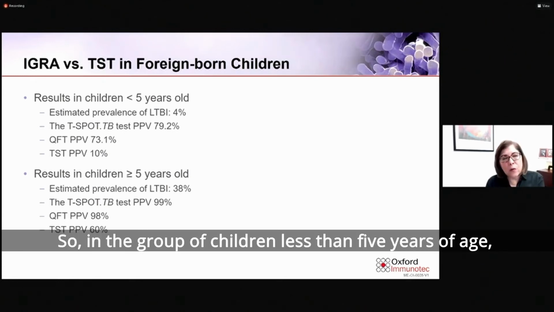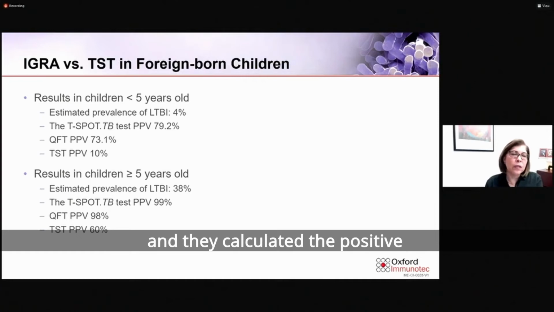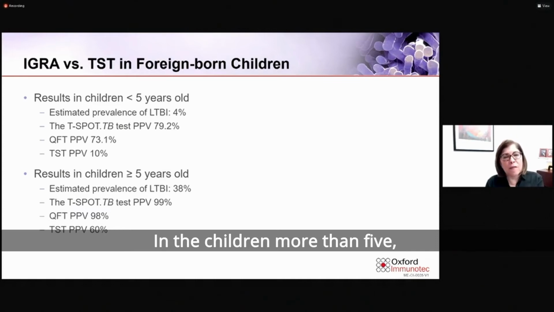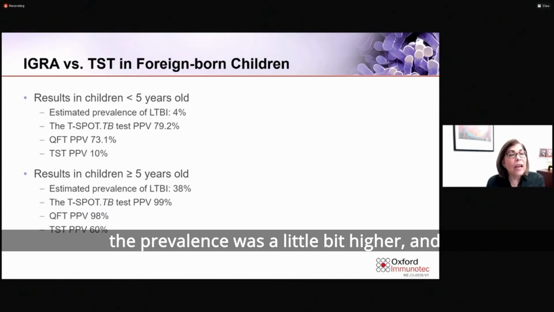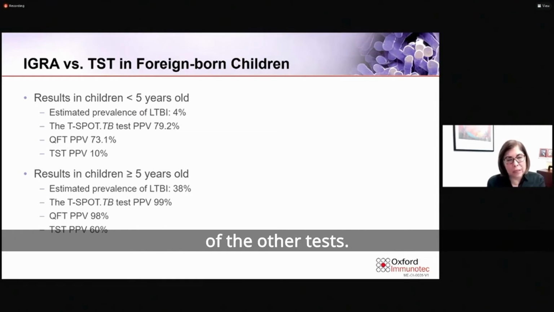In the group of children less than 5 years of age, the estimated prevalence of LTBI was 4%. And they calculated the positive predictive value of the 3 tests. In the children more than 5, the prevalence was a little bit higher, and that improved the positive predictive value of the tests.